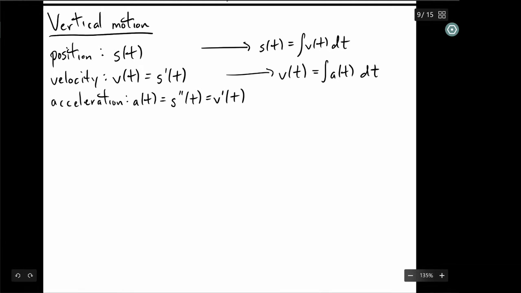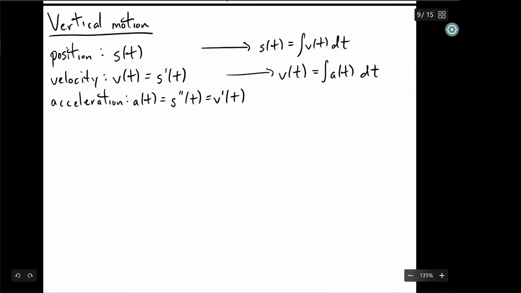Now, the problem with this, as you might have suspected, is that these expressions have an arbitrary constant in them. If we're trying to model something, we want to model it precisely. We don't want arbitrary constants floating around.